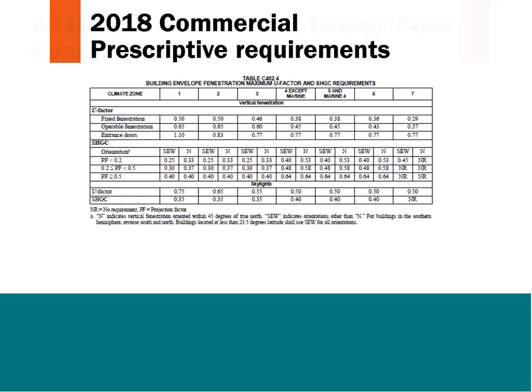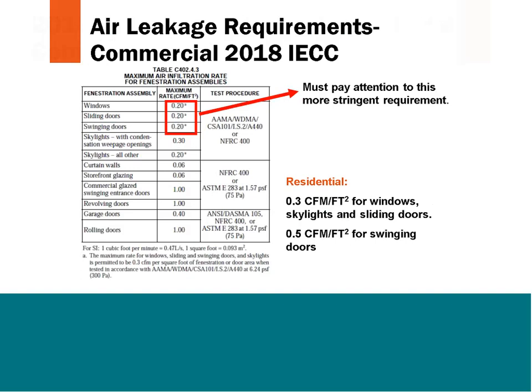Please note that this table changed dramatically from the 2009 IECC, and now it's more material neutral, where there's no bias towards metal windows, which were previously allowed higher U factors than non-metal windows. So, there are some changes to pay attention to from residential, and from air leakage. This is one area in the commercial code that's more stringent than the residential code.